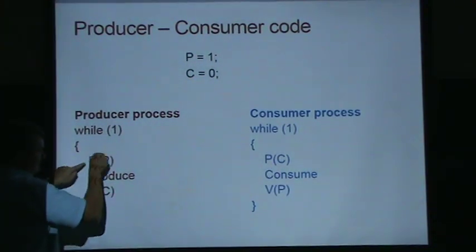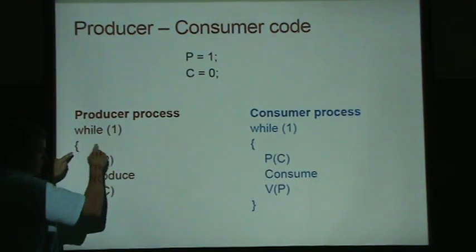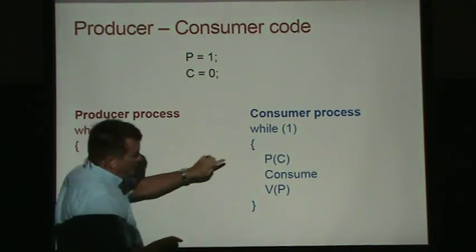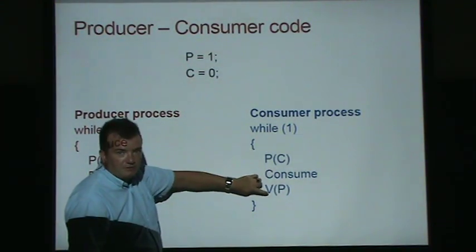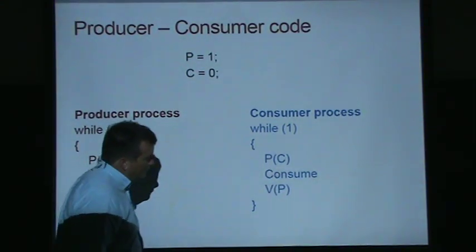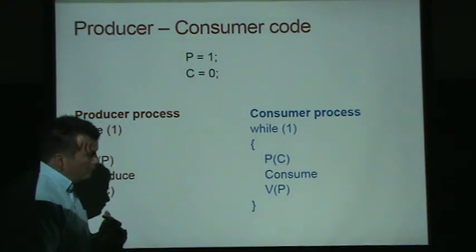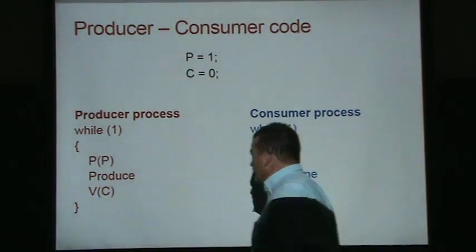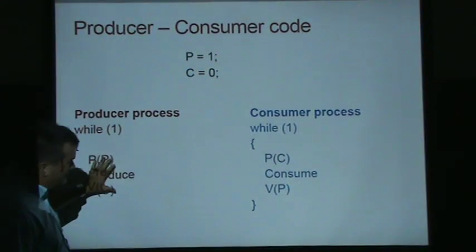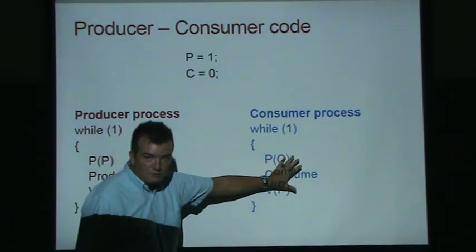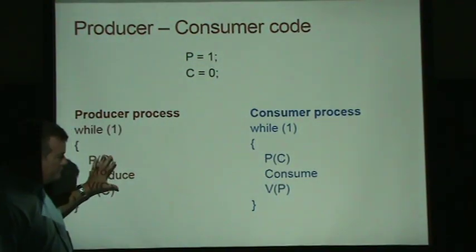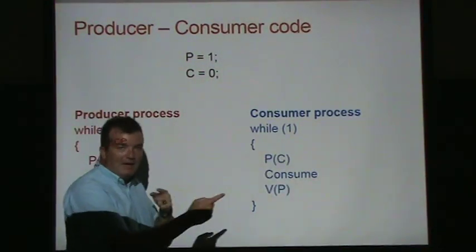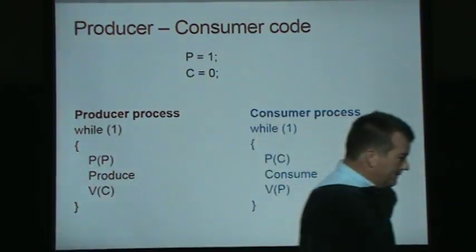The only way to get it set back to 1 so it could run a second time would be if the consumer process finished. So now we can use this for signaling. The producer process runs first, then the consumer runs second, the producer third, the consumer fourth, and we have a schedule going back and forth.